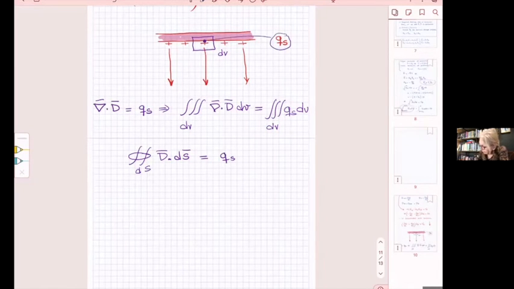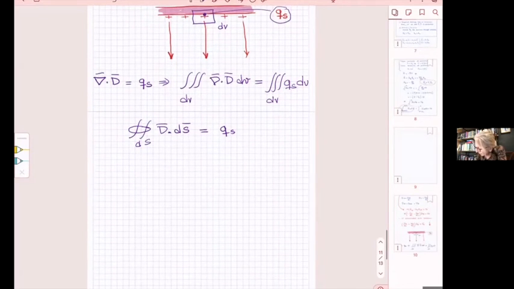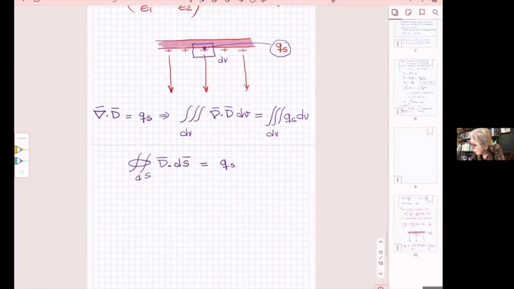And now let me look at this volume. If I were to do it here in 3D, it will have 6 faces. It's going to have the upper face, the lower face, and all of the side faces. To find the surface contributions, I need to find the inner product between D and the normal vector to the surface, because this is the surface direction.